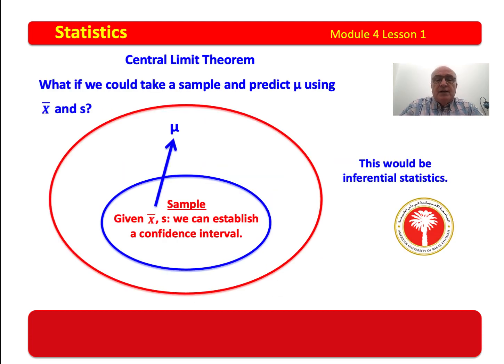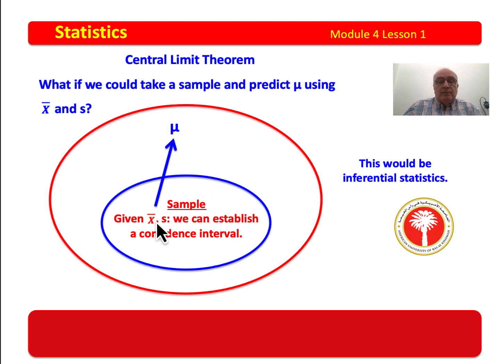If we take a sample and predict using X bar and S, we need to know some things that are traps. We'll talk about confidence. We'll talk about using S to predict sigma. But given an X bar and an S, we can establish a confidence interval for mu.